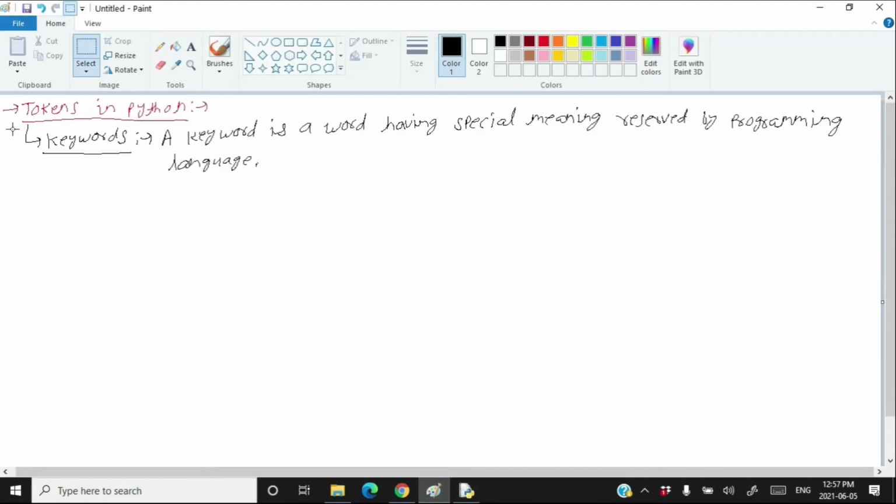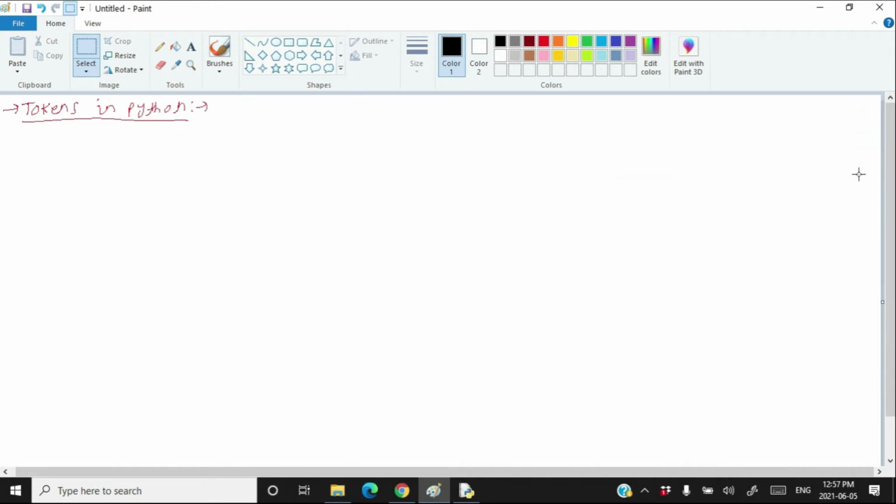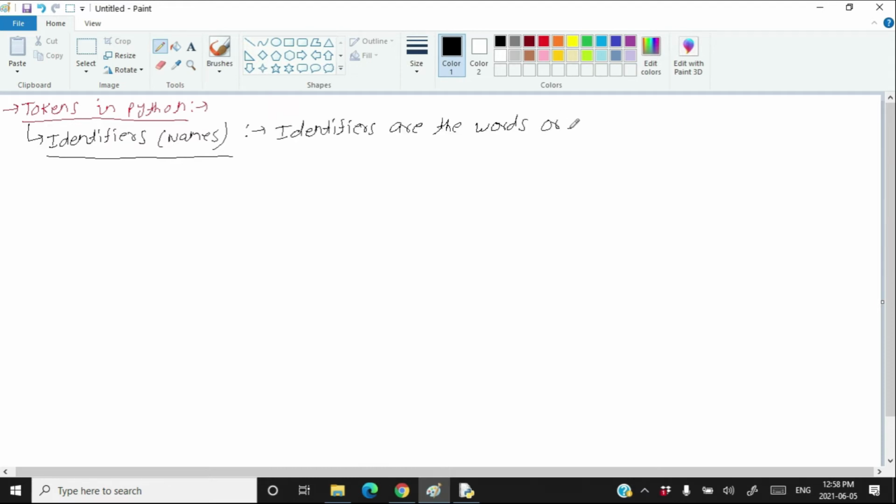The second important token used by Python is called identifiers. Let's see what identifiers in Python are. Identifiers mean names. Unlike keywords, identifiers are the words or names decided by programmers.